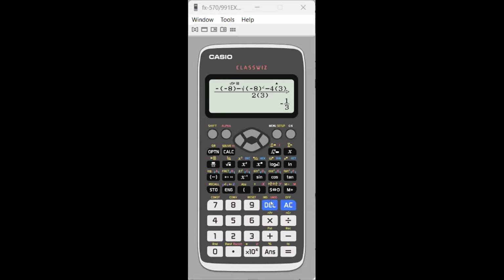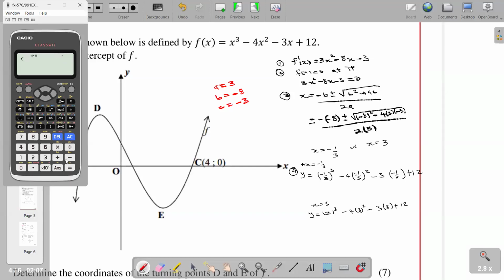So it means we are going to have minus 1 over 3, cubed, minus 4 multiplied by minus 1 over 3 squared, then minus 3 times minus 1 over 3, plus 12.